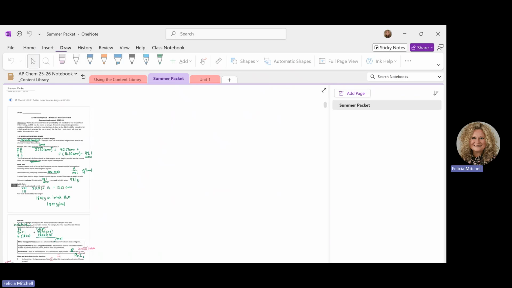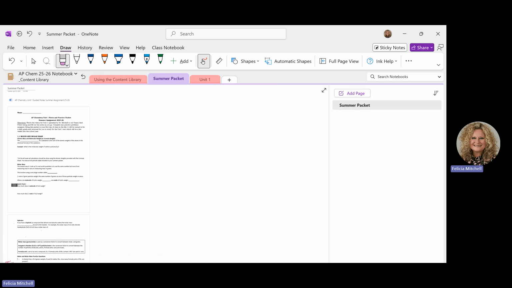I will say that you have to make sure that you fill it out in your handwriting. In Content Library, it's going to auto-populate for you, but you have to either put it on paper in your handwriting, or fill it out in OneNote in your handwriting to get your daily grade for the summer work.